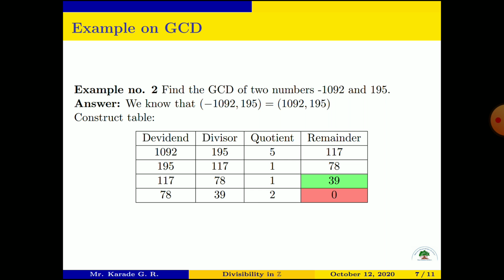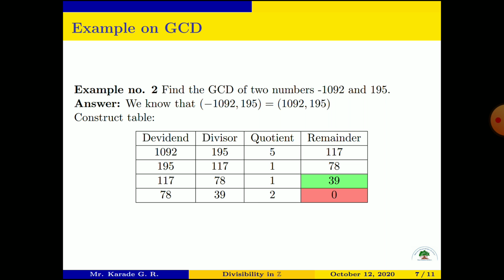In this case, we get the quotient 1 and remainder 78. In the third row, again we divide 117 by the remainder 78.